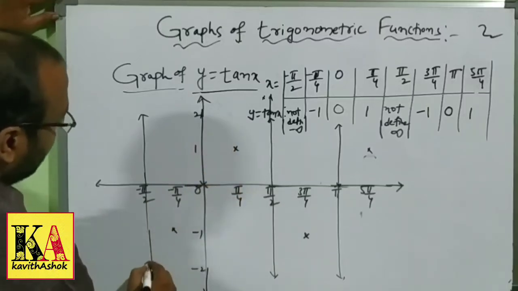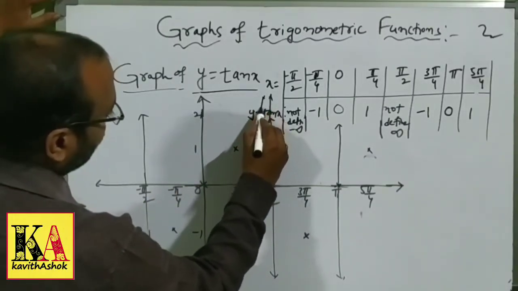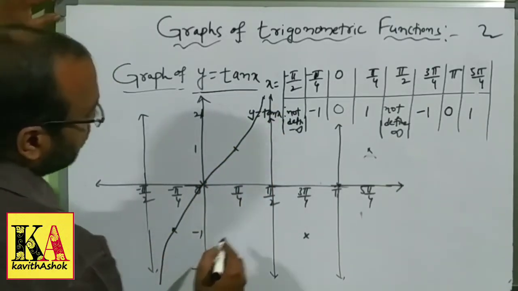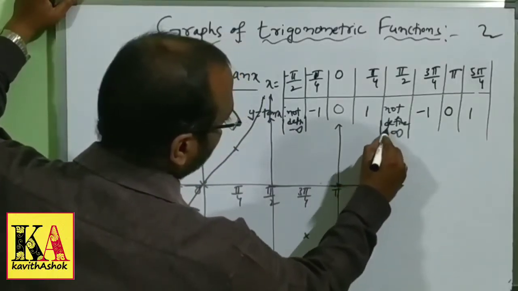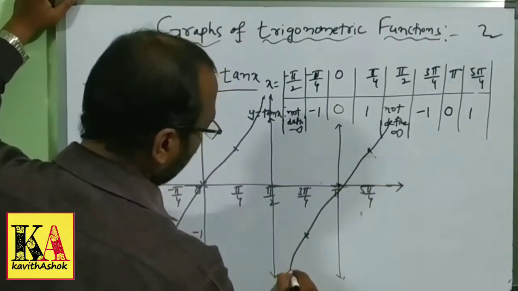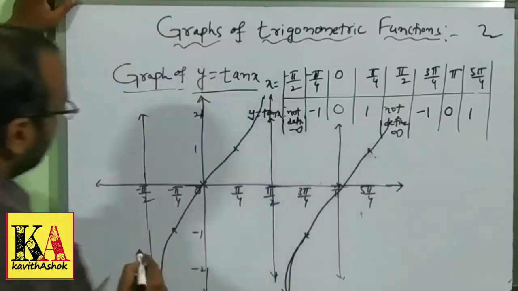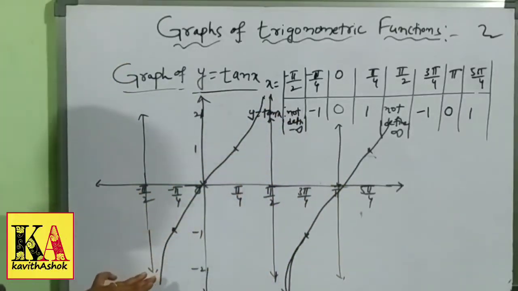And tan minus pi by 2 is the undefined case. Right. Next here. So we will get the graph like this here.